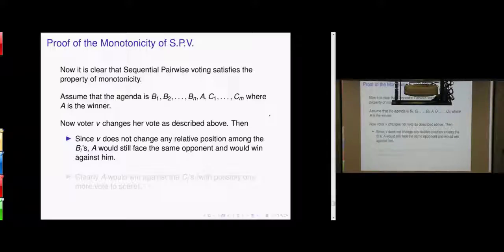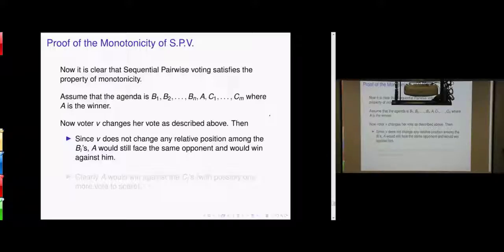It is still the same candidate who is going to fight with A. A would still face the same opponent and win against him, because now A possibly gets even one more vote.